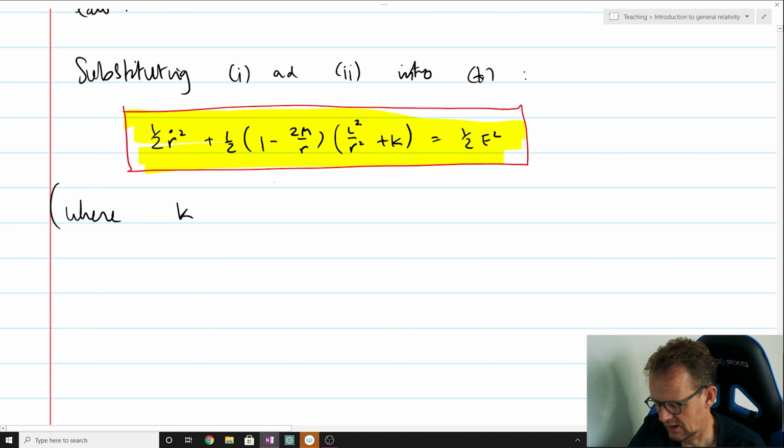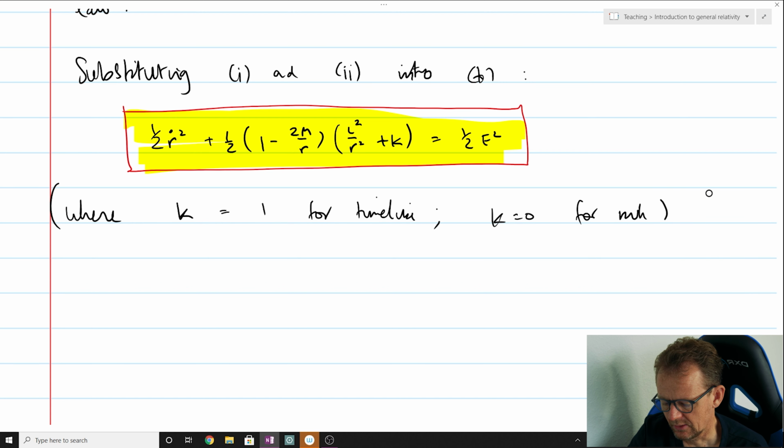And so this kappa is a constant equals +1 for time-like and 0 for null. Now, why do I say almost solved? Well, check it out, right?